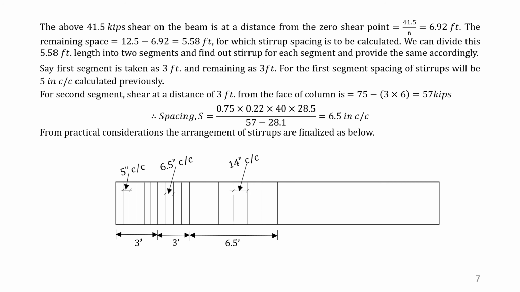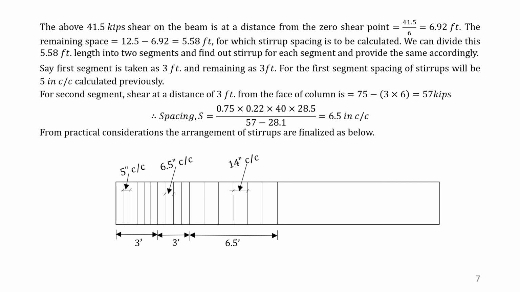This 41.5 kip shear on the beam, at a distance from the zero shear point, can be calculated like this. Because 41.5 is the force and 6 is the shear force per foot, the distance from the support where the 41.5 kip shear comes is 6.92 feet.